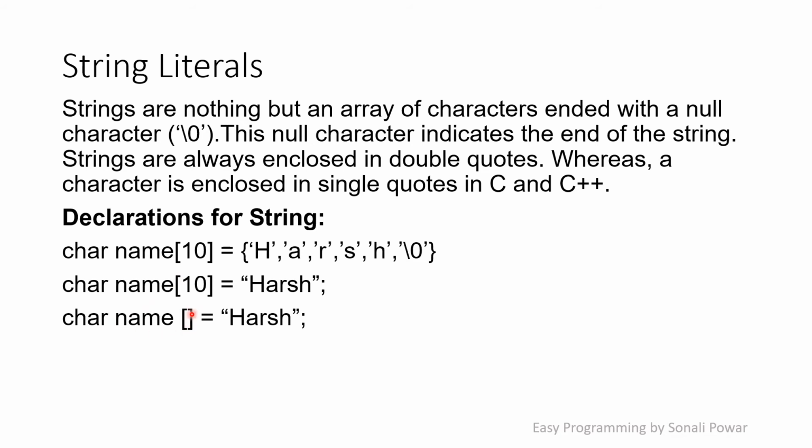Here it assigns memory for only 5 letters, because the string you assign contains only 5 letters. But in this example, it directly assigns memory for 10 letters, even though you are assigning only a 5 letter string to this name variable.